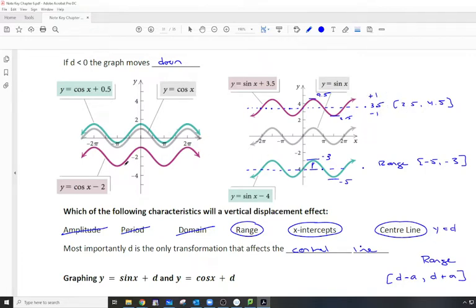So let's look at a graph over here. Let's look at the minus 2. When it's moved down 2, that center line is at y equals negative 2, and your range is going to go up 1 from there and down 1 from there. So your range is going to be negative 3 to negative 1. And that's the easiest way to figure it out from your equation.